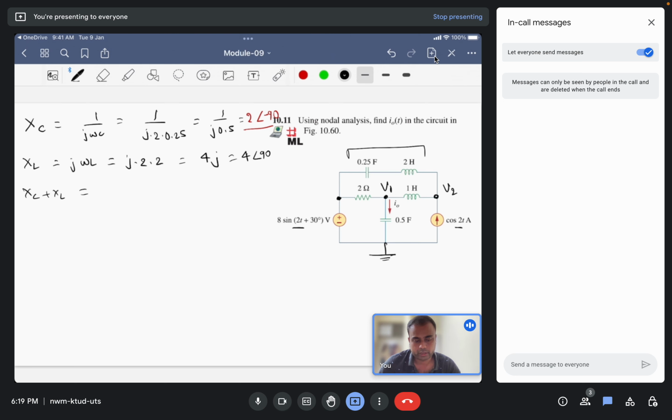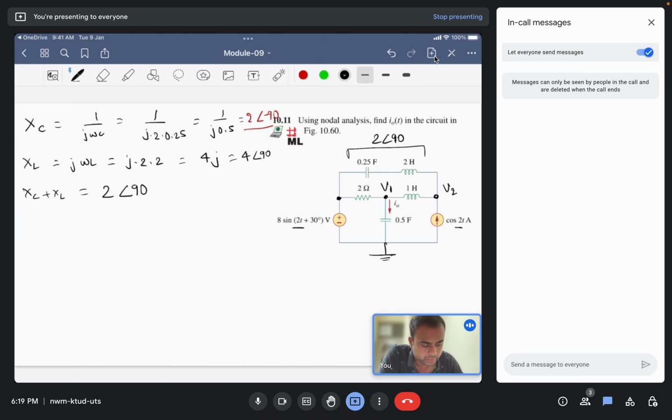So 4 angle 90 plus 2 angle minus 90 is 2 angle 90. So we now have the equivalent impedance as 2 angle 90.